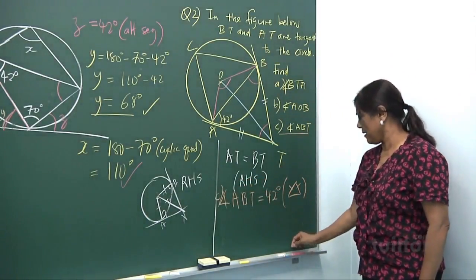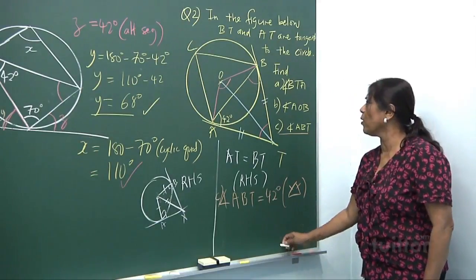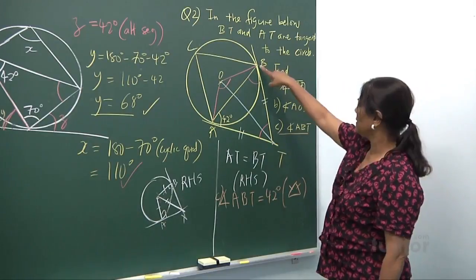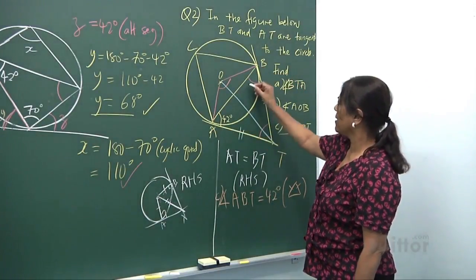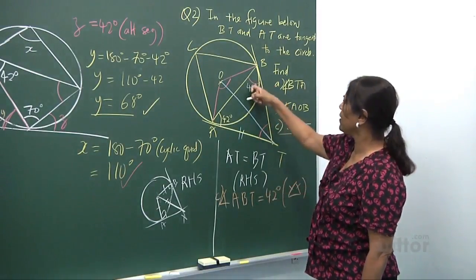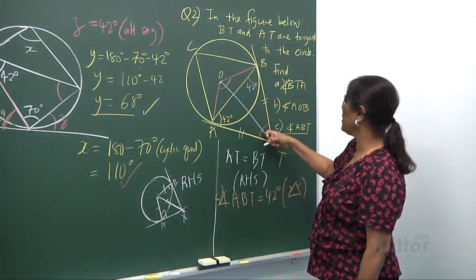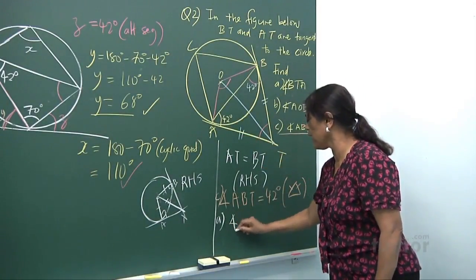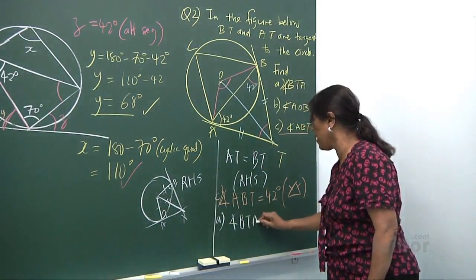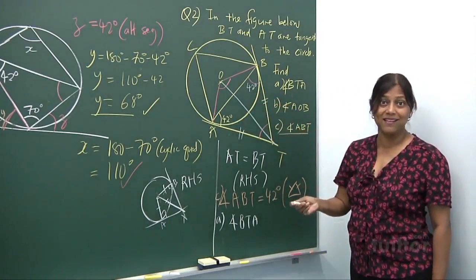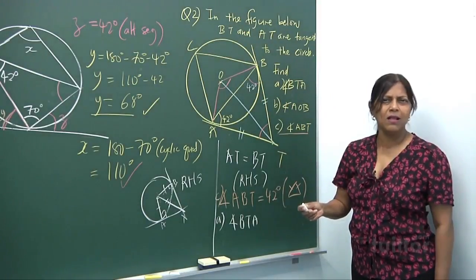Now we look at here. We want to answer AOB or BTA. How about BTA? Now, if you know this is 42 degrees, alright? You have 42 and 42. What is BTA equals to? Angle BTA will be none other than 180 minus both these angles. What's that you call?